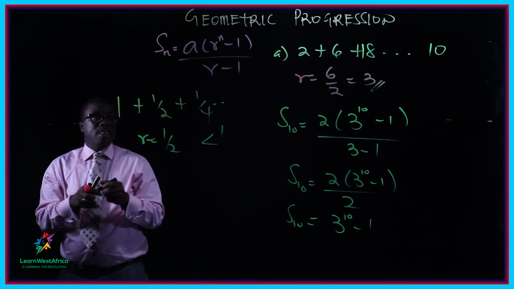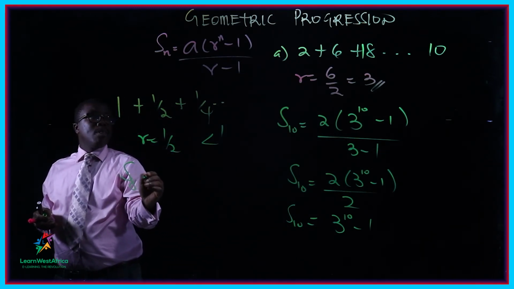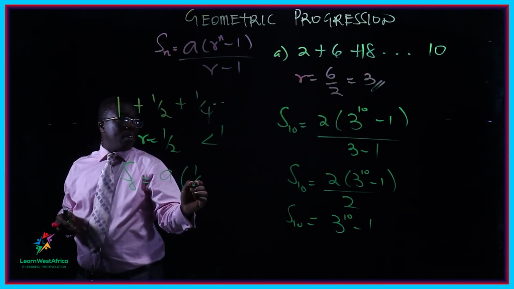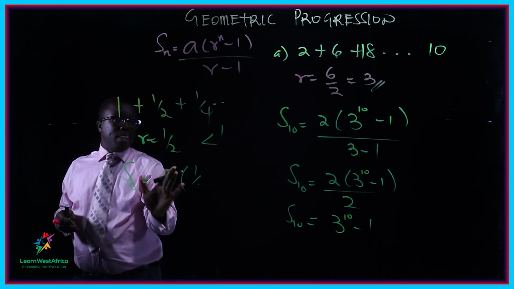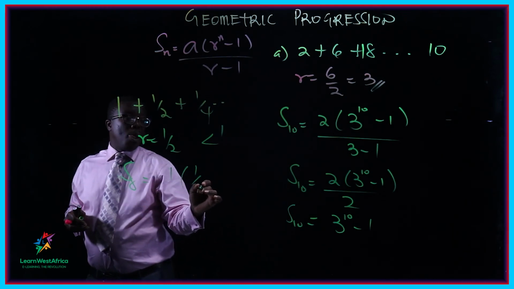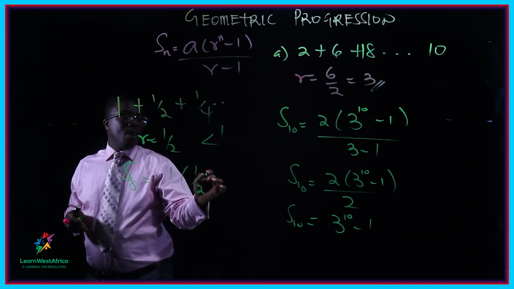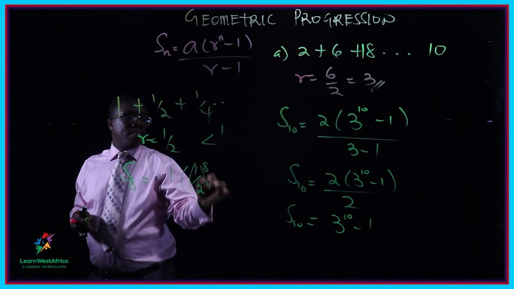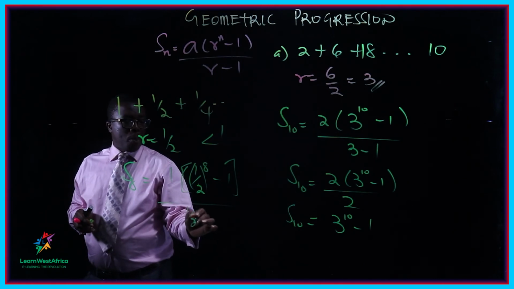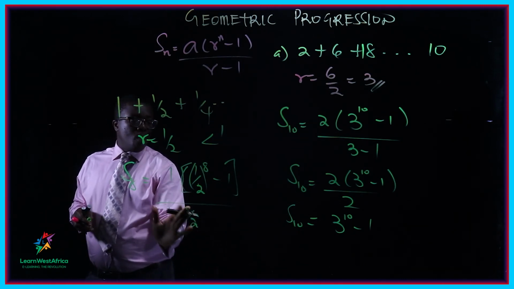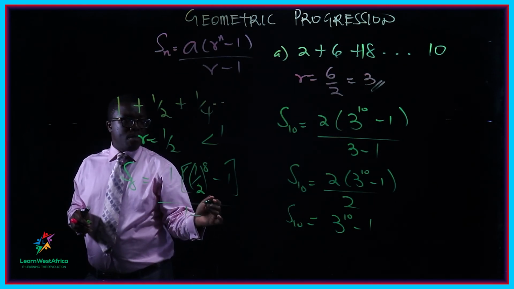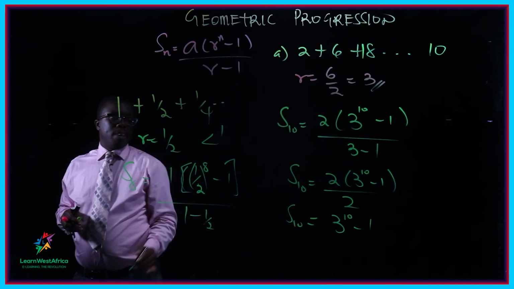So the sum of our 8 terms will be a into bracket 1 minus r to the power n. Our a is 1, so let's just keep that in. So 1, then you have our common ratio, half, raised to the power 8, all over 1 minus half.